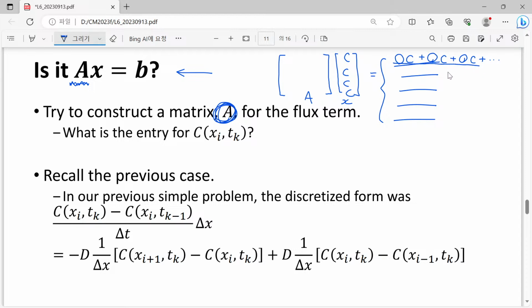That will be the form you can generate from this matrix vector multiplication.